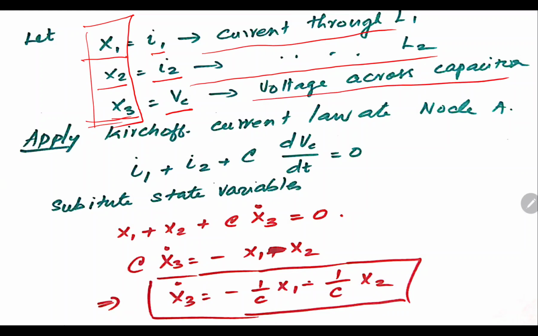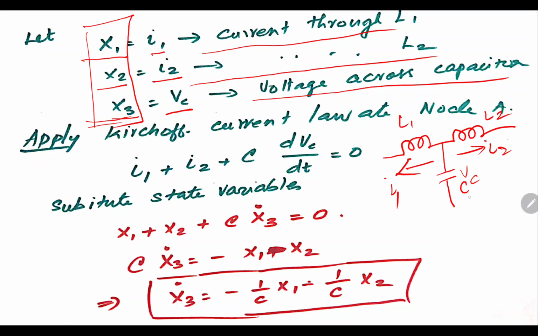By applying Kirchhoff's current law, that is at the node with inductor L2 and a capacitor C, this is L1, L2, this is Vc, and we are assuming the current directions. The current going through L1, I1, is in this direction, and I2 and I3 in this direction.